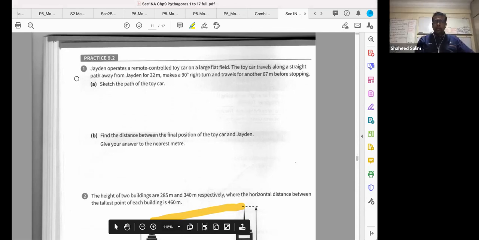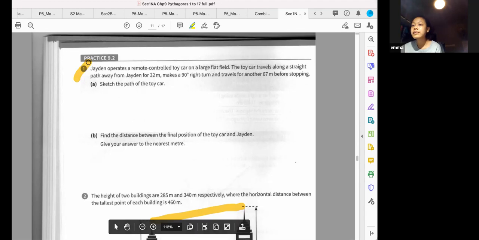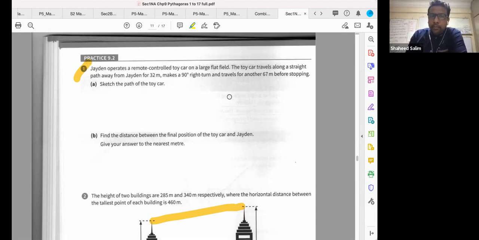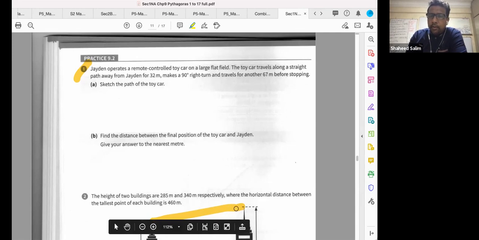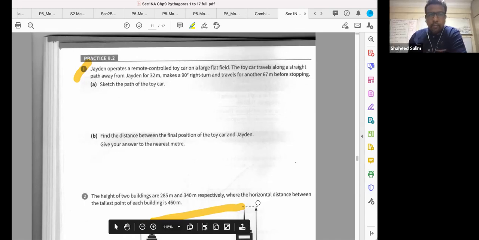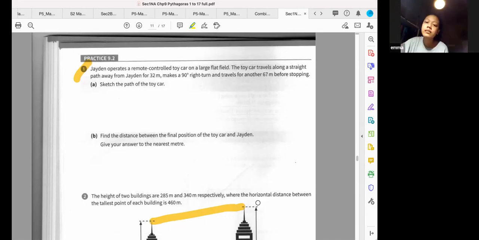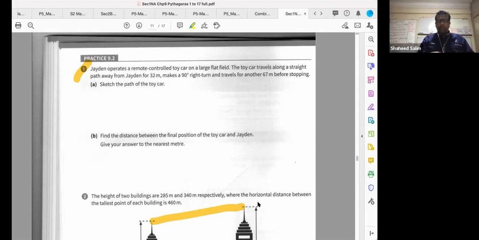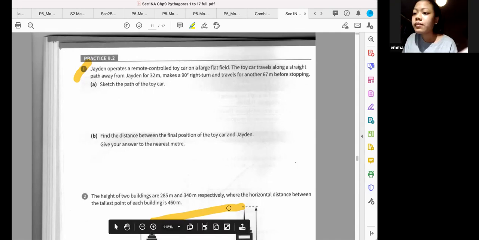You try question 1, please. Can you sketch the path down here? You know how to annotate? Can annotate? If not, I'll draw for you.